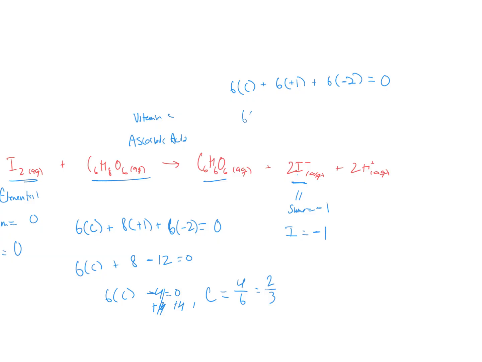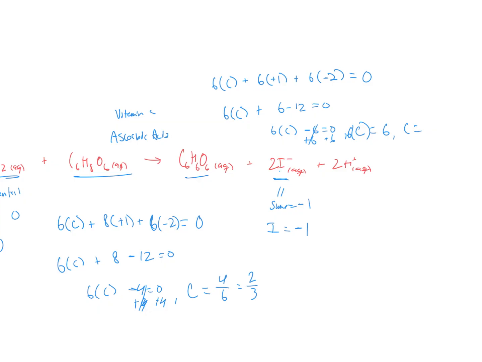So we have 6 times carbon plus 6 minus 12 equals 0. 6 minus 12 is just -6, so 6 times C minus 6 equals 0. Six times the oxidation state of carbon should equal 6, because we just add 6 to each side. Therefore, carbon's oxidation state here is +1.